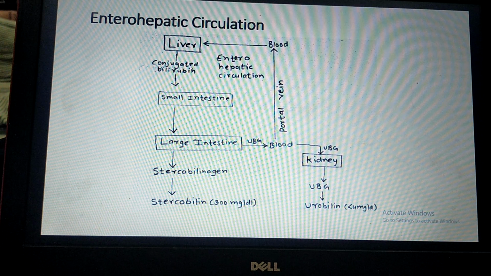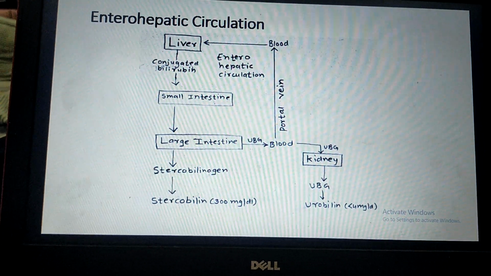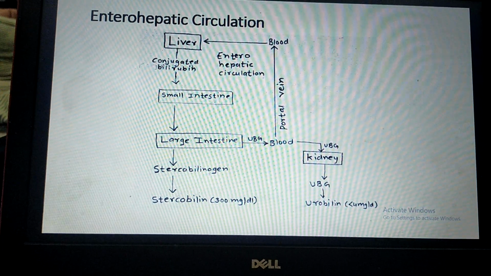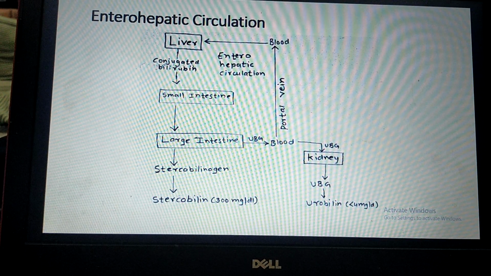Now in that process, a small amount of urobilinogen from the large intestine is absorbed by the portal veins. All of us know that this portal vein opens into the liver. So urobilinogen goes to the liver and is again excreted by the liver through the bile.